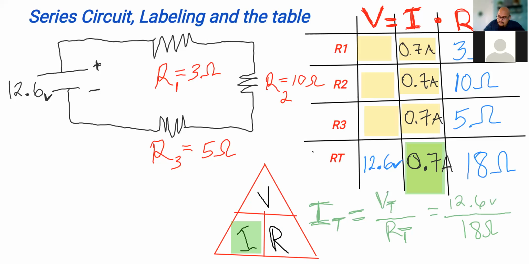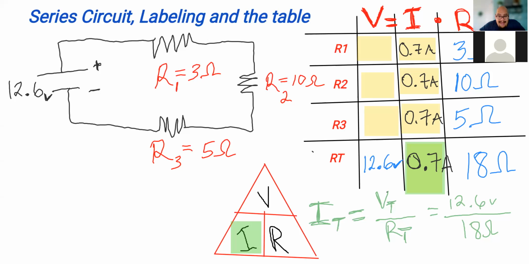So row number 1, row number 2, row number 3, and the total row will have the same current, because it shares the same current that's passing through the conductor, through the wire. And that's the characteristic of a series circuit.